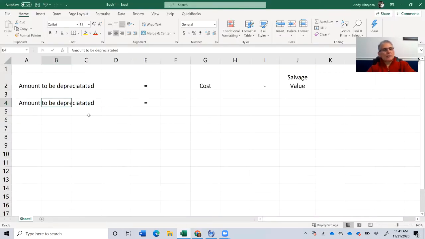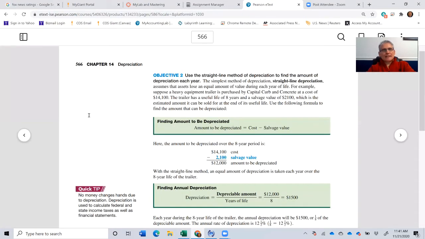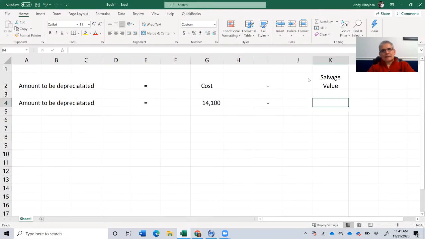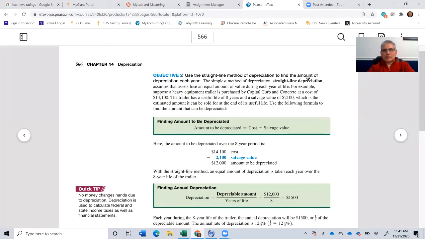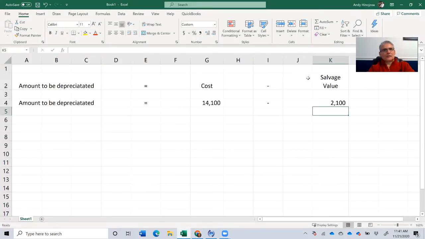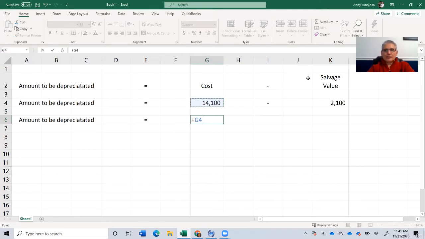So going back to how we compute the amount to be depreciated, we'll take the cost. In this case, it's $14,100. That's listed here. And subtract from that the salvage value, which is $2,100. Therefore, the amount to be depreciated is $14,100 minus $2,100, which is $12,000.